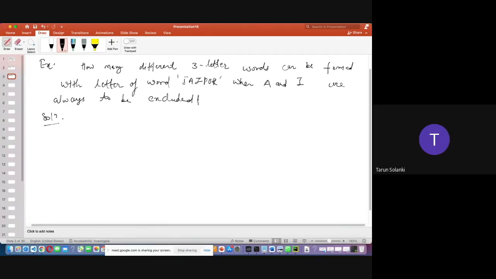So after leaving A and I, we are left with four different letters, which are to be used for forming the three-letter words. So that is 4P3, that is 4 into 3 into 2, that is 24.